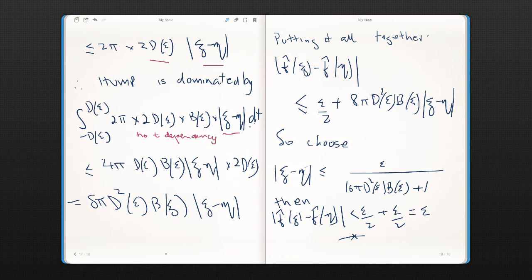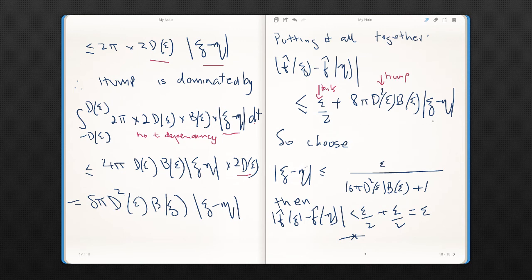And it's just the integral of dt over this interval here, which is 2d epsilon. So this gives us in total 8 pi d squared epsilon, b epsilon, times xi minus eta. So when we put it all together, this is from the tails, and this is from the hump. That's what we get.